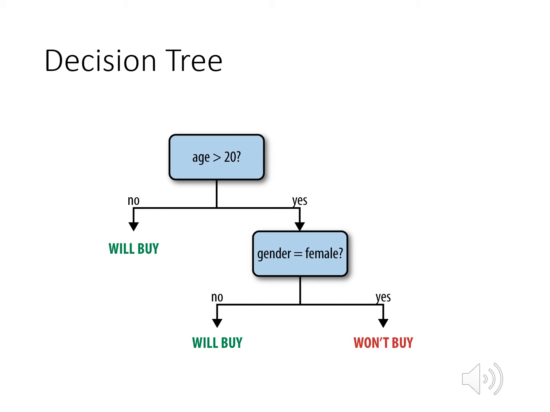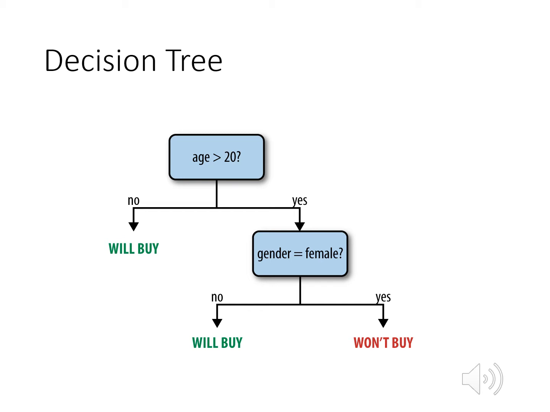This is a binary classification problem to predict whether a customer will buy or will not buy. And there are two features involved. One is age, the other is the gender. So given a customer, based on this decision tree, we can get a prediction whether the customer will buy or not.